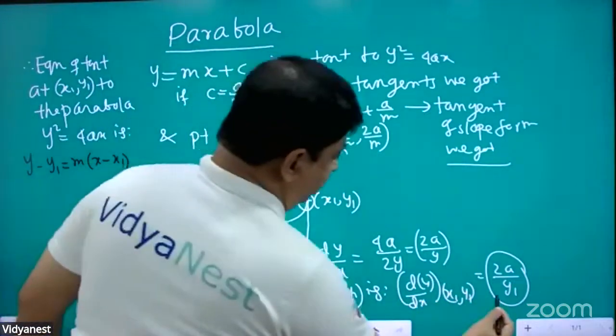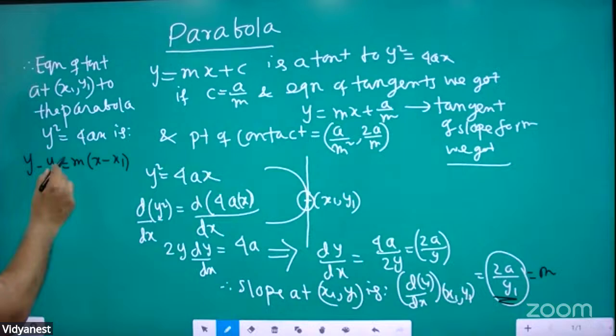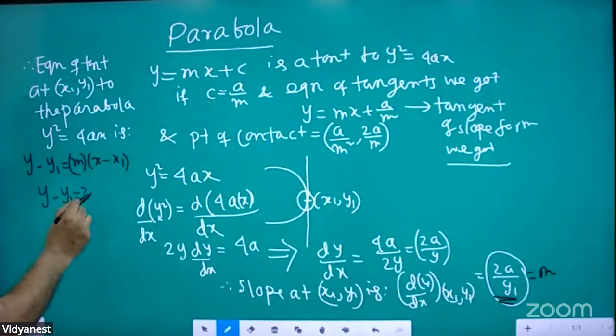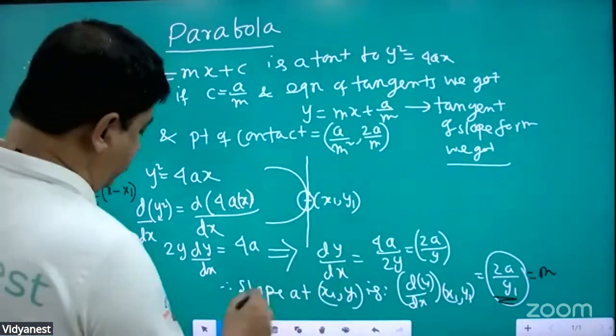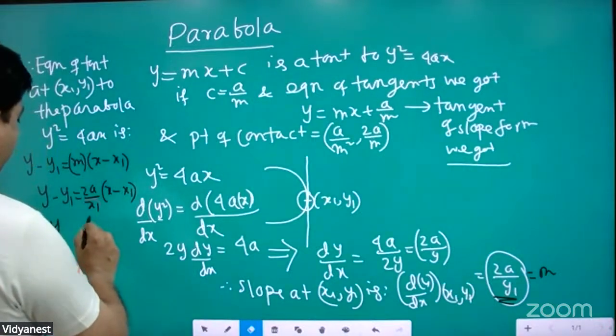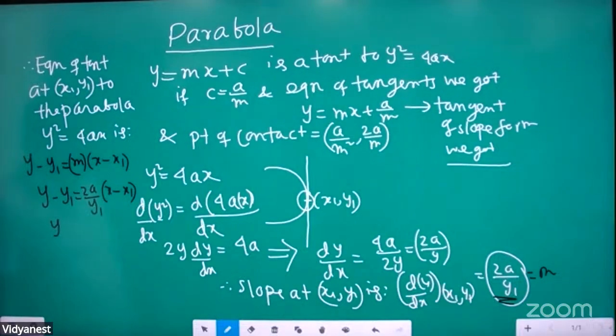What is m? This is m, the slope. So take this value and put it here. Cross multiply. Sorry, there is a mistake of mine, that is y1. Are you getting it?